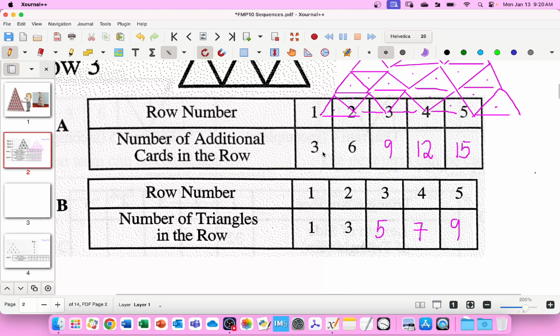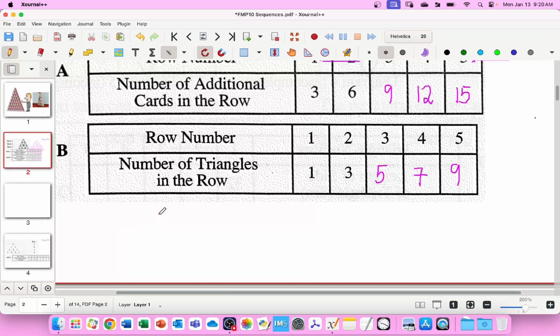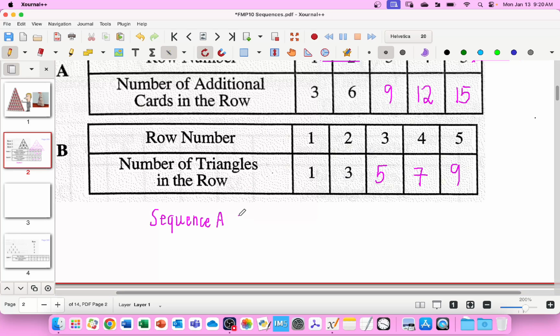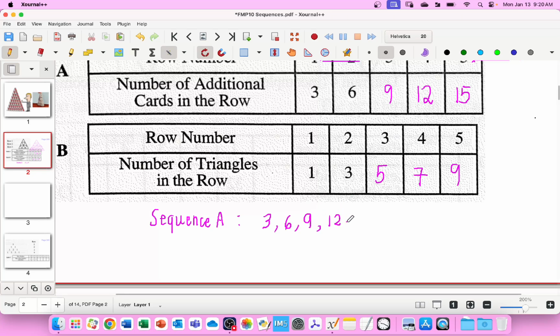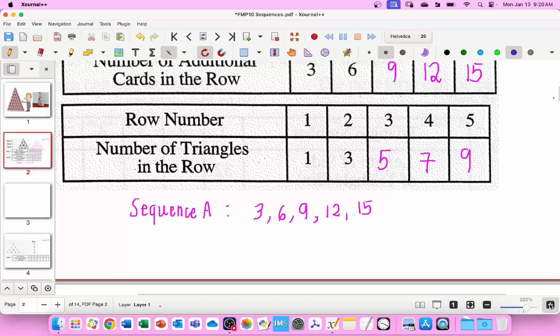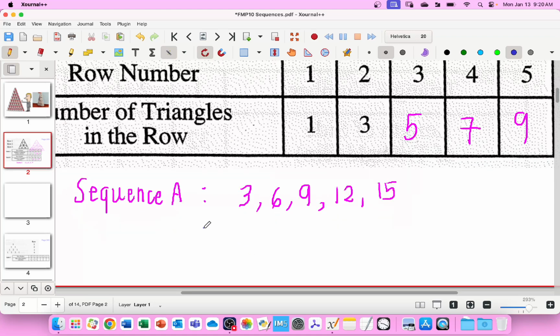And notice, let's say we have sequence A, we'll take that from table A. If that is 3, 6, 9, 12, 15, you can start to see that it's going up by the same amount.